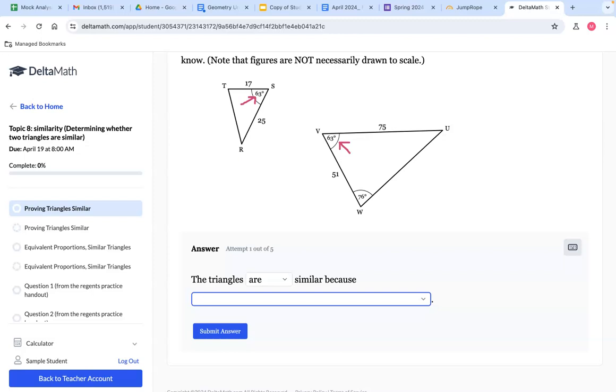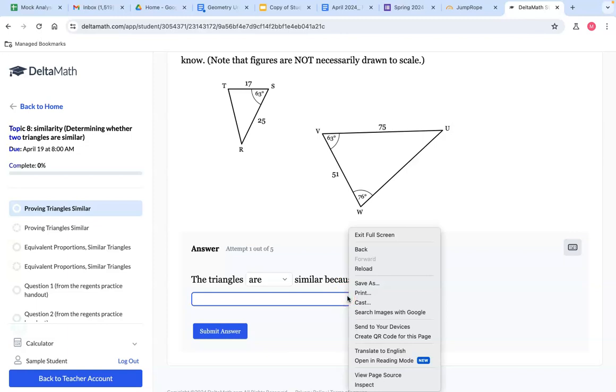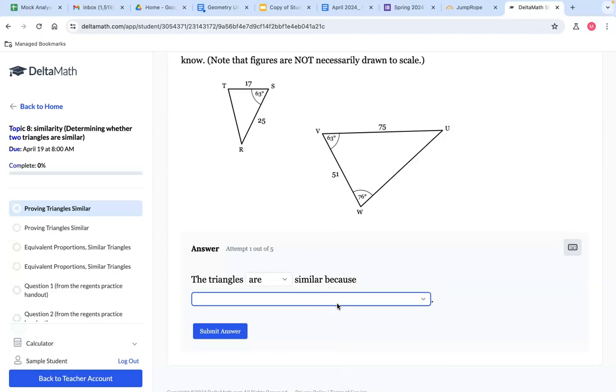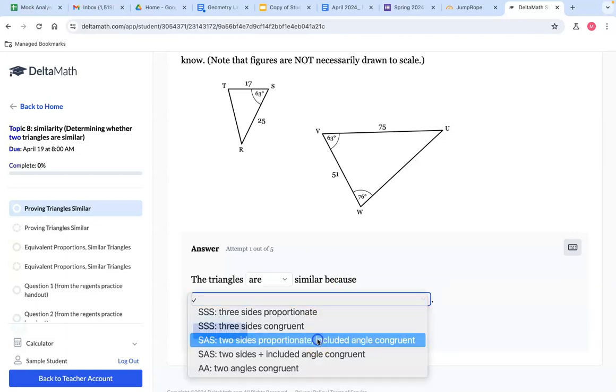And when they say proportionate, they're talking about this 51 over 17 is equal to 75 over 25. That's what it means by proportionate. These two fractions are equal, so they're proportionate. So that's what we're going to choose, and that is basically the answer for this question.